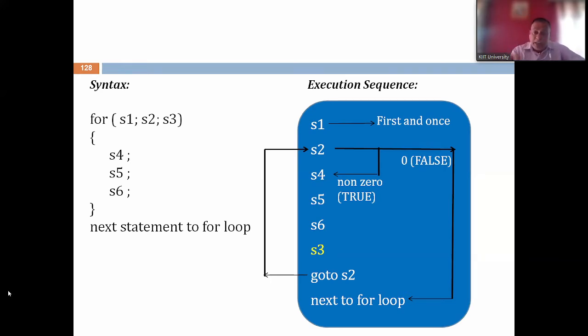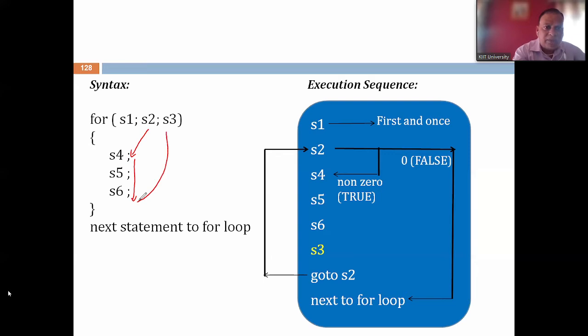And after completion of execution of all statements inside the loop, 4, 5, 6, 7, we again execute S3. Do remember, we again execute S3, and after execution of S3, we go to S2. So from S2, if it is true, I'll come to S2, S3, 4, 6.